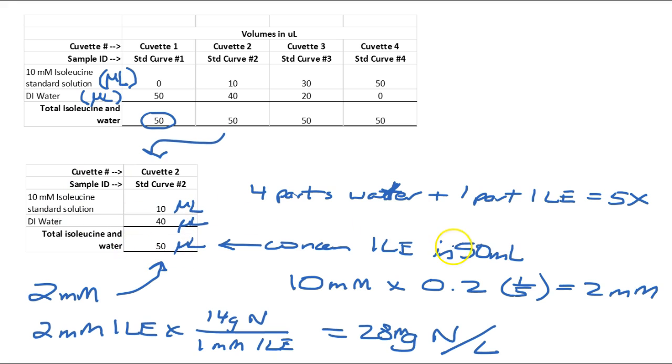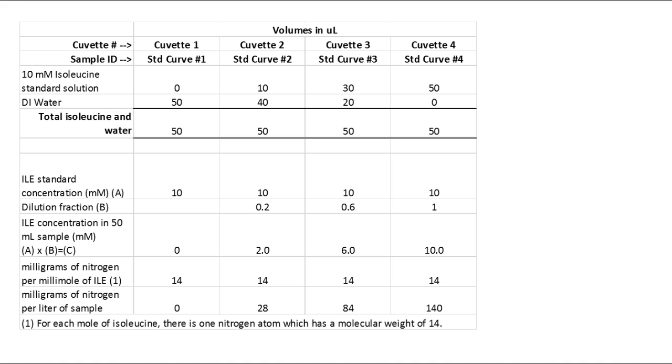All right, so those are microliters. So we only have 50 microliters total in our cuvette. So we don't have 28 milligrams of nitrogen, but 28 milligrams of nitrogen per liter is our concentration. All right, so that's how we get from isoleucine concentration in our standard cuvette to milligrams of nitrogen concentration.